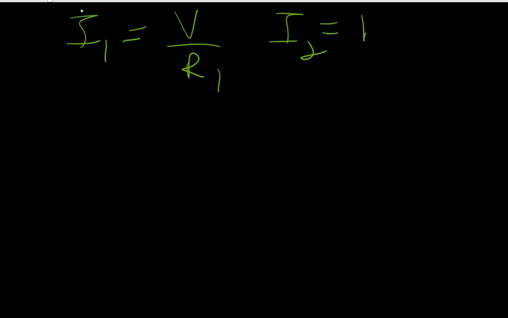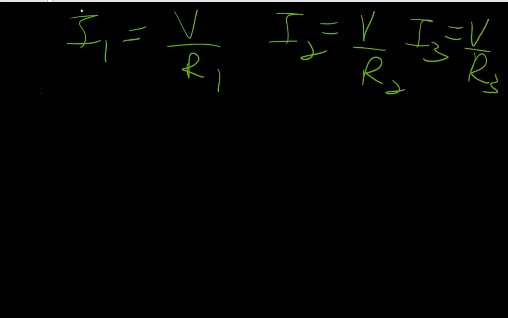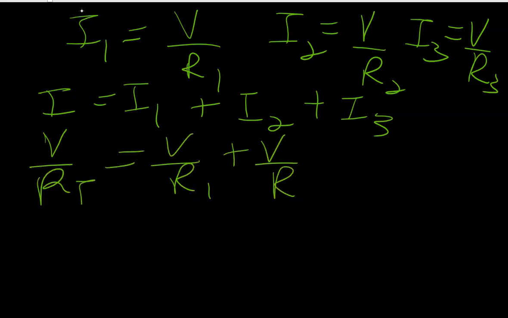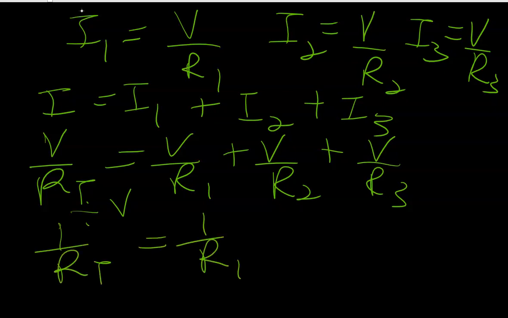You can determine I1, which is V over R1, I2, which is V over R2, and I3, which is V over R3. The total current is I1 plus I2 plus I3, which is V over R_T, which is V over R1 plus V over R2 plus V over R3. If you divide by V, you get 1 over R_T is 1 over R1 plus 1 over R2 plus 1 over R3.